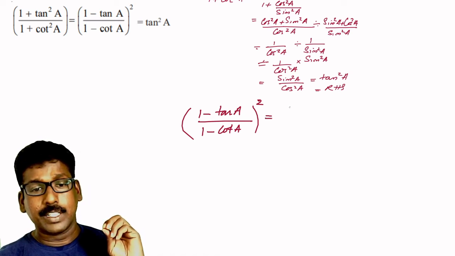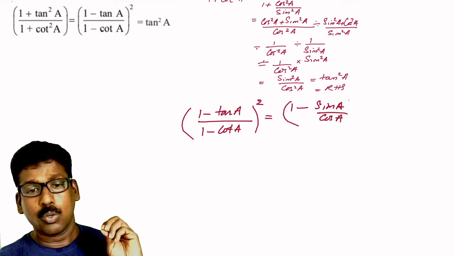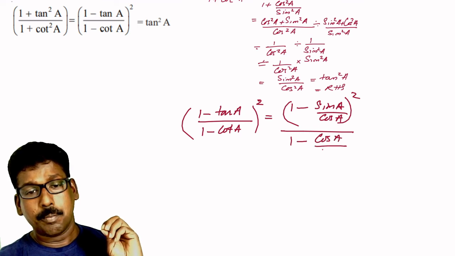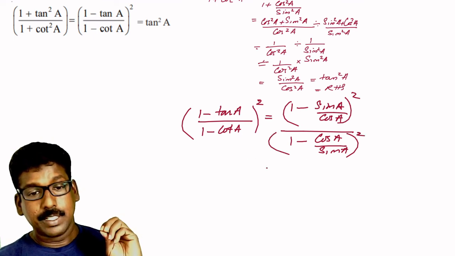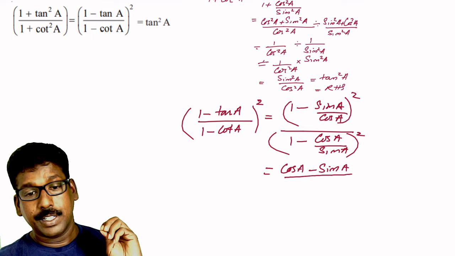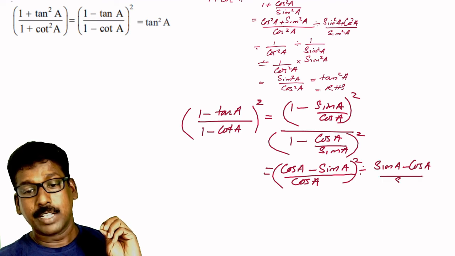So this you can write as 1 minus sin A by cos A the whole square, divided by 1 minus cos A by sin A the whole square, which is equal to cos A minus sin A divided by cos A the whole square, divided by sin A minus cos A divided by sin A the whole square.